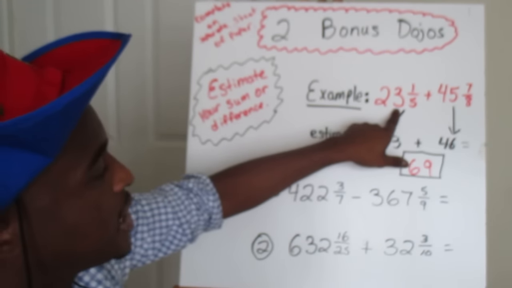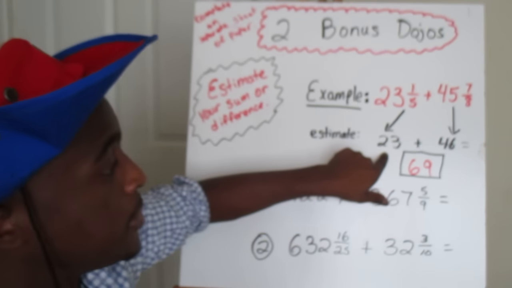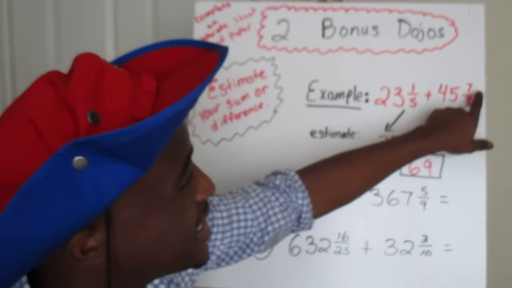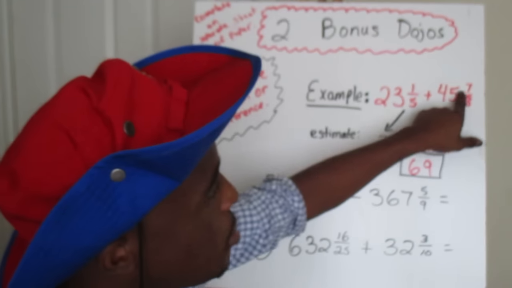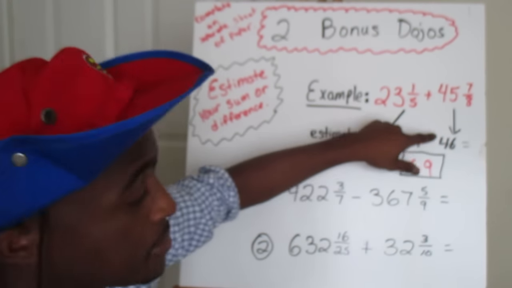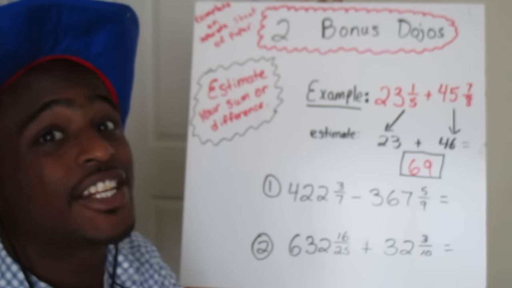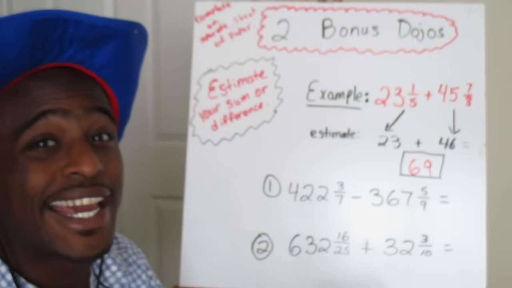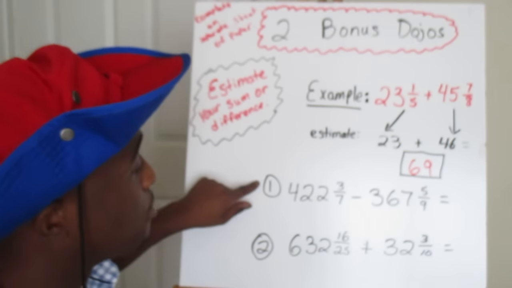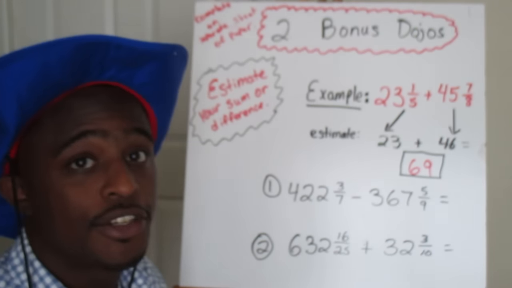I just estimated that 23 and 1/5 was about 23. 45 and 7/8, I almost have another whole here, so I rounded up to 46. When I added those together, I got 69. That's all I want you to do, is give me an estimated answer for both problem 1 and problem 2. If you do that, I'll give you an extra dojo.